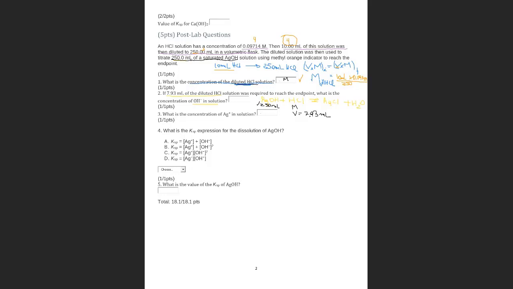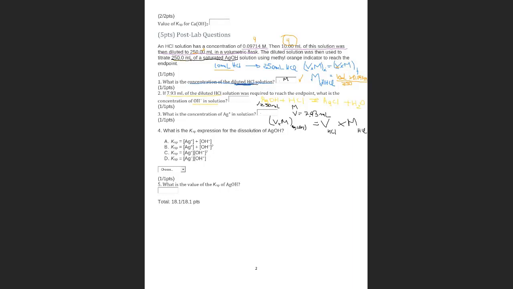We know the volume, again, the same equation, times molarity of the silver hydroxide equals the volume of the diluted acid times molarity of the diluted acid.